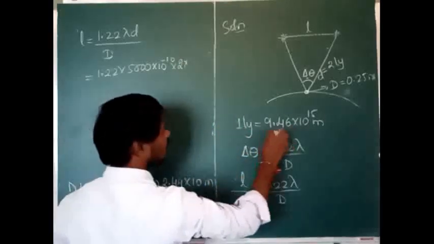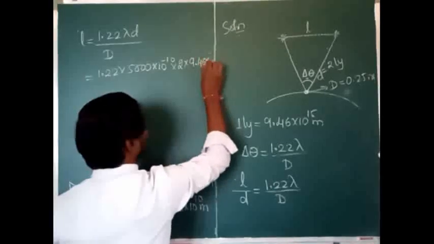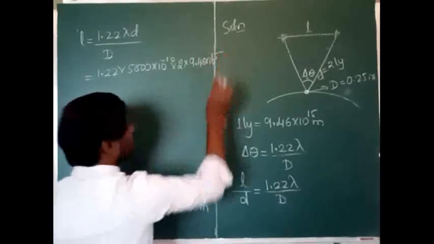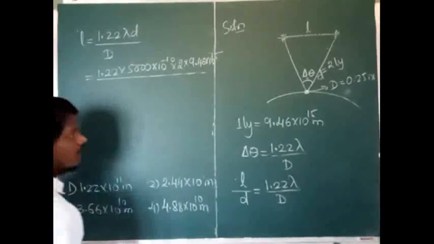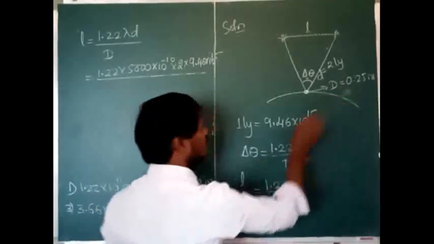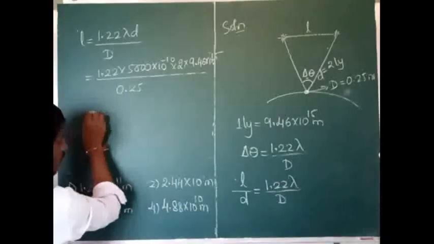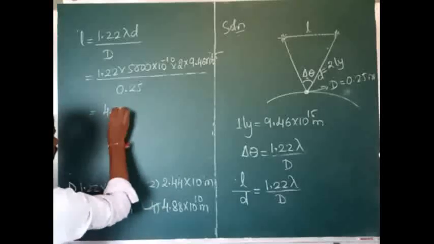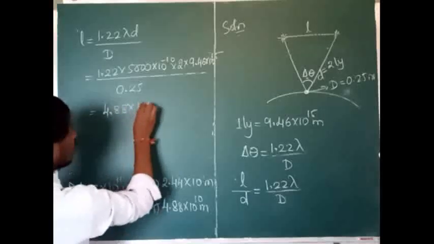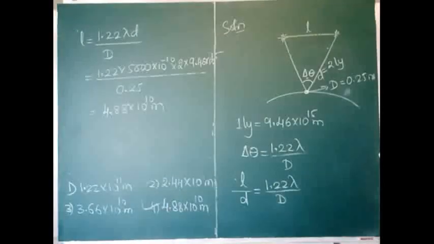The value of 1 light year is 9.46 into 10 to the power of 15, divided by the diameter of the lens of the telescope, that is 0.25. On solving this, you will get the answer 4.88 into 10 to the power of 10 meter. It is the minimum distance between the two stars.